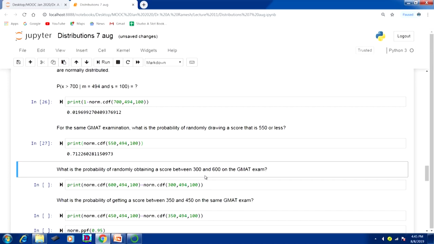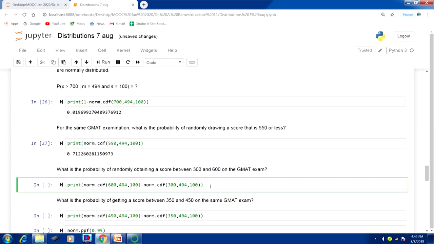Actually, this problem is taken from Statistics for Management, Levin and Rubin. Okay, now you see that the upper limit is 600, lower limit is 300. Between 600 and 300, what is the probability? So, print norm.cdf 600 comma 494 comma 100 minus, this was the upper limit, minus norm.cdf 300 comma 494 comma 100, this is the lower limit.